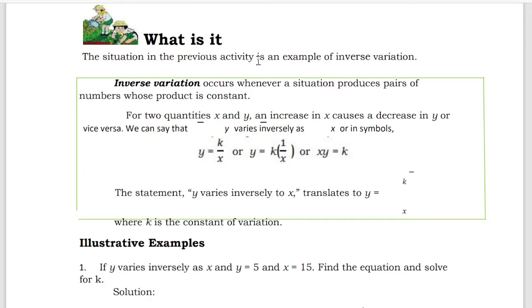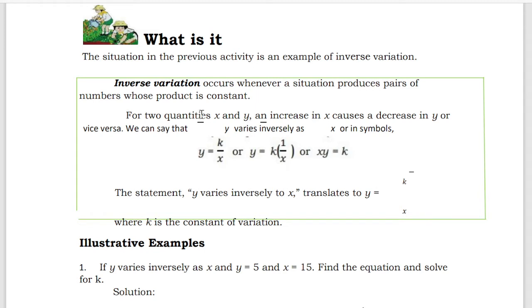Next, the situation in the previous activity is an example of inverse variation. So what is an inverse variation? Inverse variation occurs whenever the situation produces a pair of numbers whose product is constant.